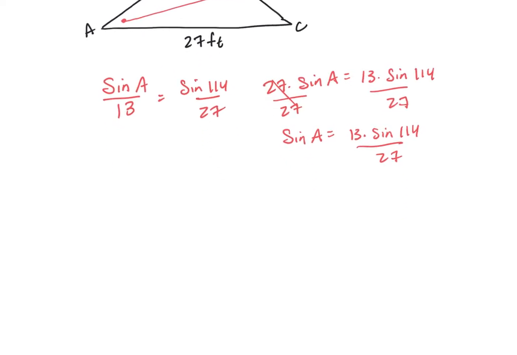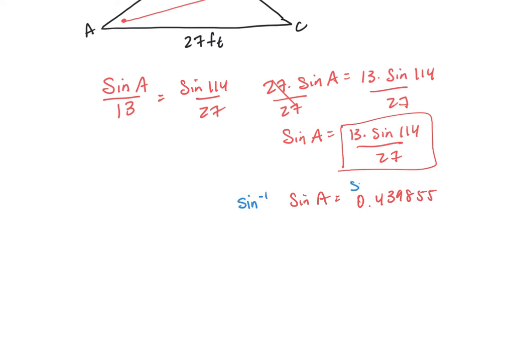Okay, so I can throw this part right here into my calculator. And when I do that, I get 0.439855. Okay, so I have the sine of A equals that. Now remember, with the sine of A, I can't just divide by sine. I have to do what's called the arc sine, or the inverse sine. I think on your calculator it probably looks like this.